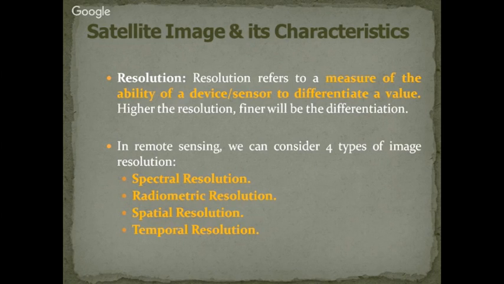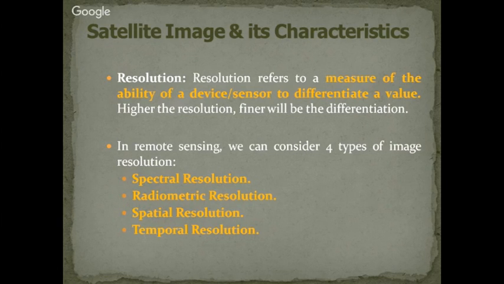Then the third type of resolution is spatial resolution. Spatial resolution refers to the sensor's capability to distinguish the smallest size of object which can be identified on a satellite image. It is usually defined in terms of units of kilometers or meters.